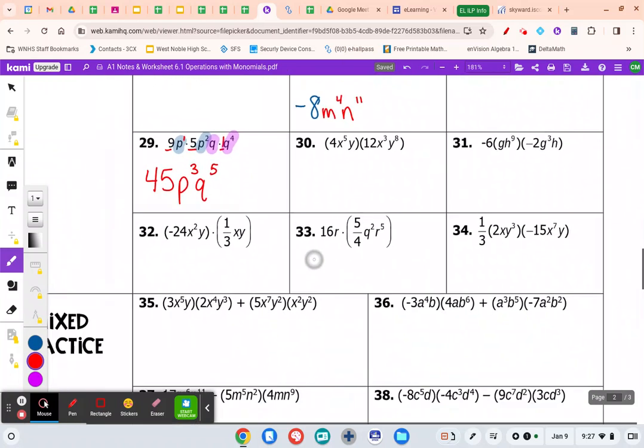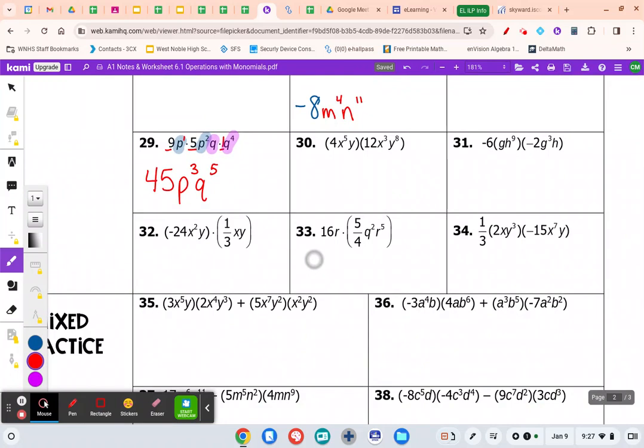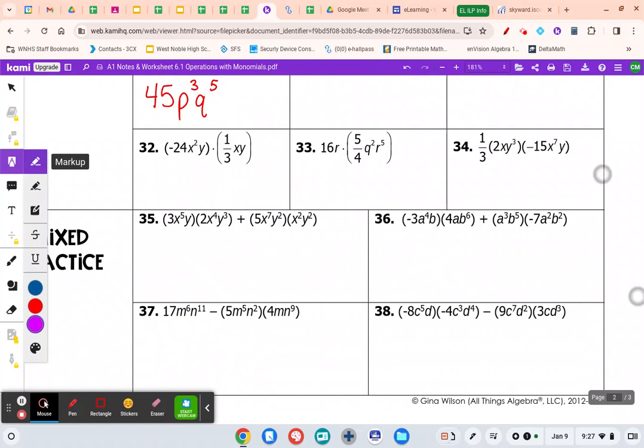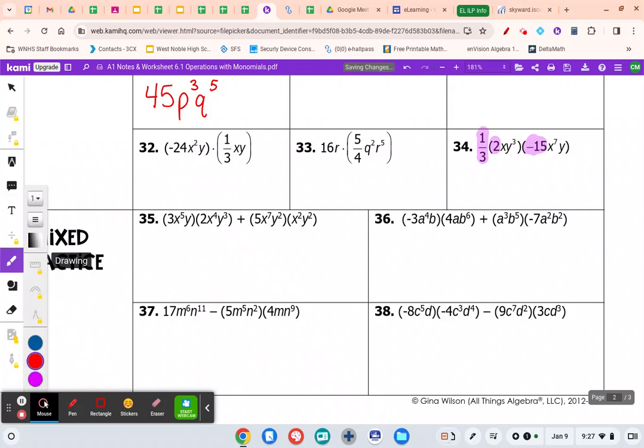We're going to do 34 together, and then we're going to do 38. So 34, there's a bit of a fraction. That's okay. You're just going to take 1/3 times 2 times -15. You can do that in your calculator, or you can take -15 divided by 3, whatever you want.